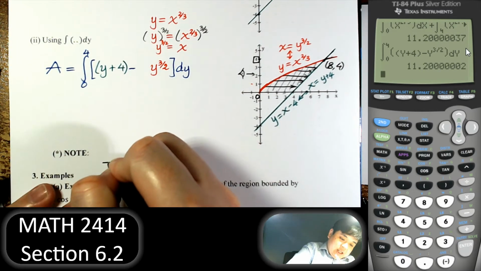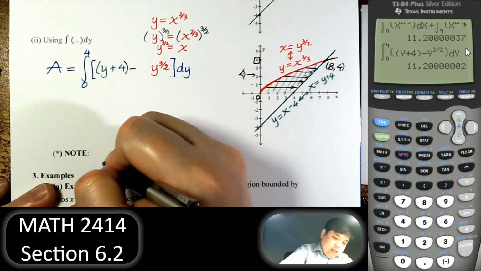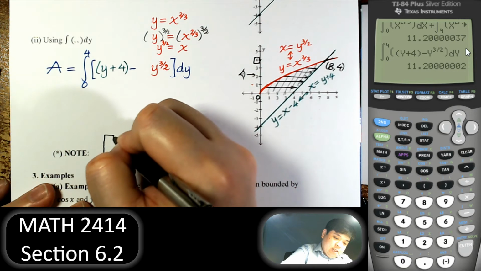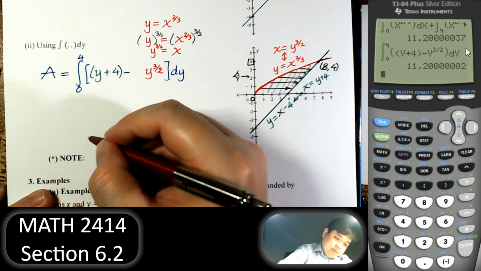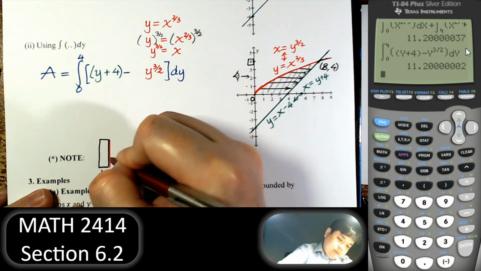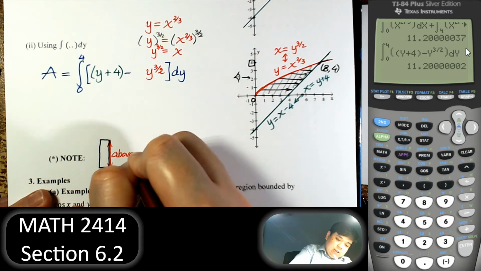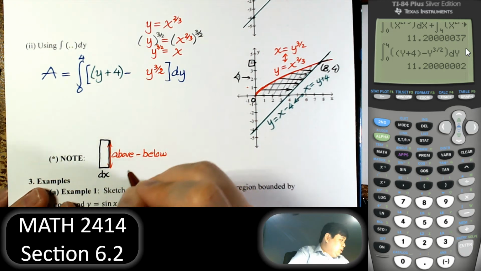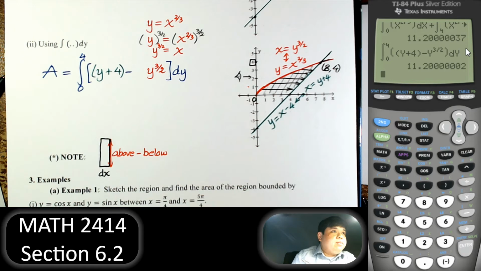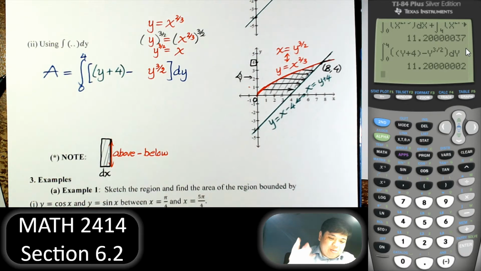If we're going to use dx, because dx is horizontal, if we want the area, it is going to be that distance, that is the function above minus the function that is below, upper minus the lower function. In that case, we have the area of rectangles, kind of rectangle, but just do that.